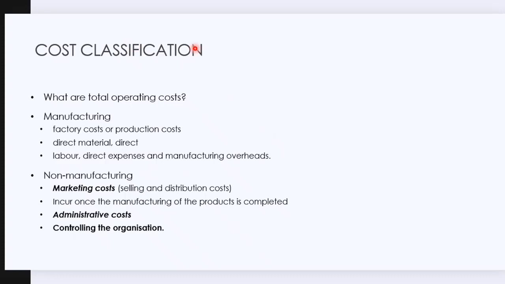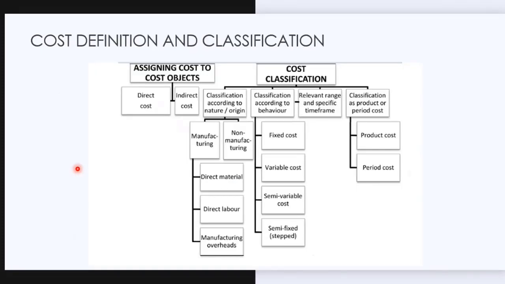So for cost classifications, you ask yourself, what are my total operating costs? Total operating costs are made up of manufacturing and non-manufacturing. So what I'm posing to you is, what is a manufacturing cost? What comes to your mind when I ask, what's the difference between manufacturing and non-manufacturing?